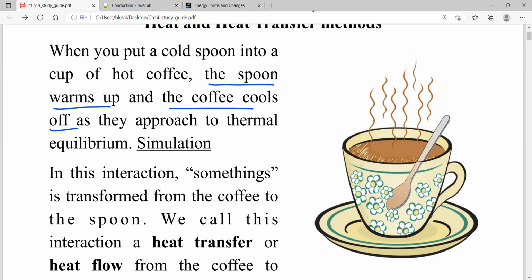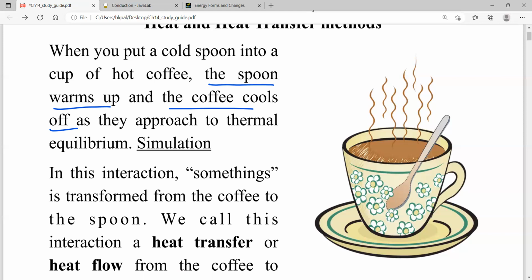That means they are in thermal equilibrium. So the same thing is happening here. When you put the cold spoon in hot coffee, there will be thermal equilibrium between the hot coffee and the cold spoon, and at some point you will see that both the coffee and the spoon will be at the same temperature. And that is the thermal equilibrium.